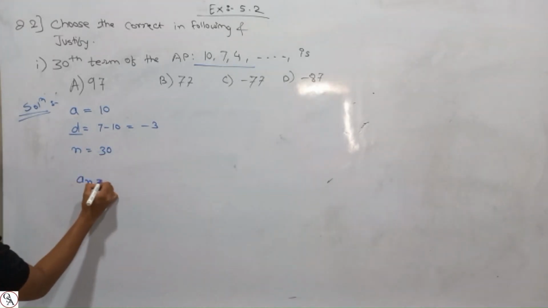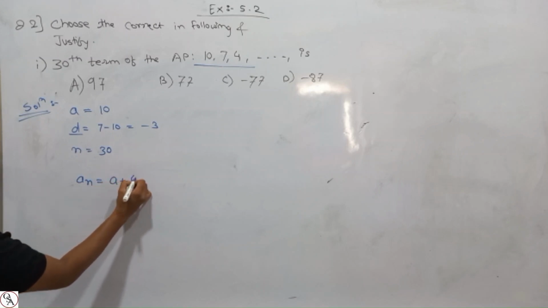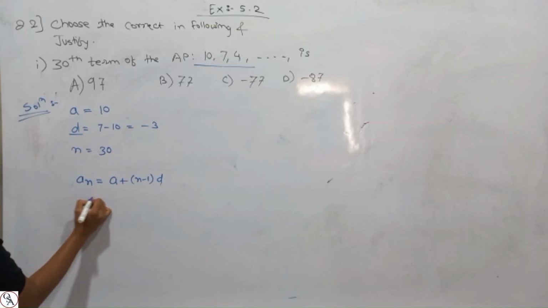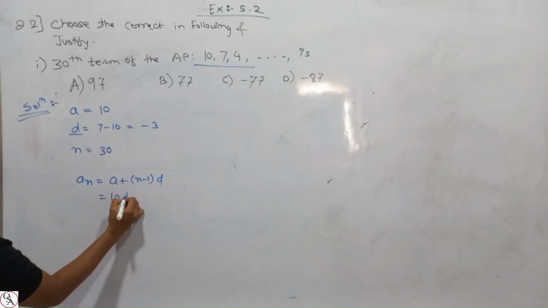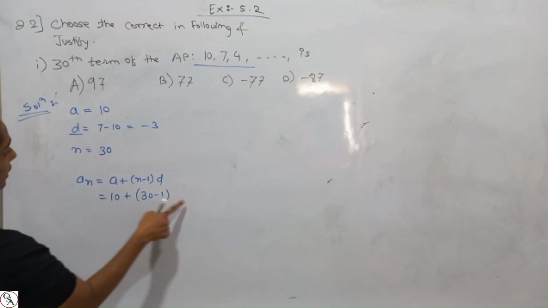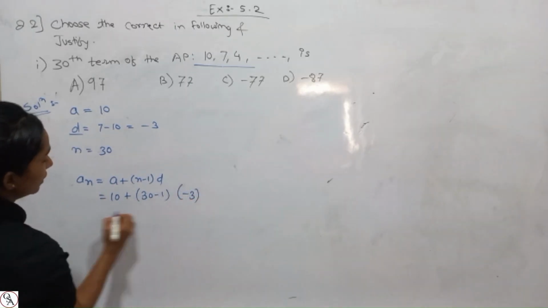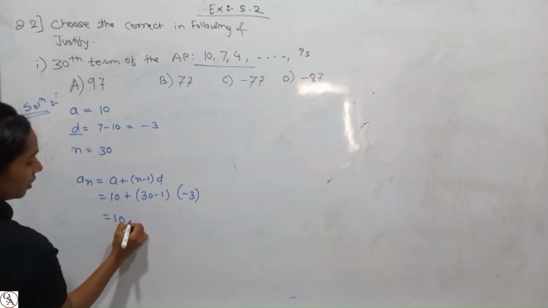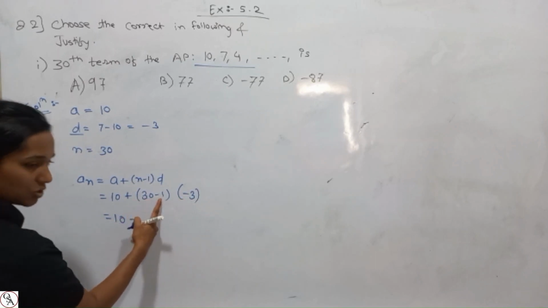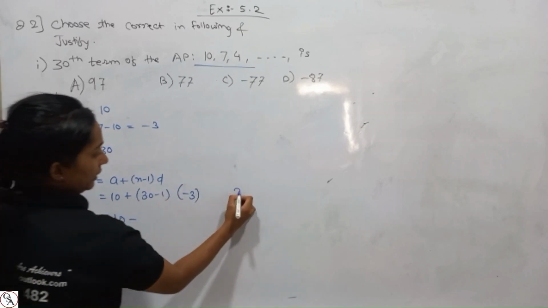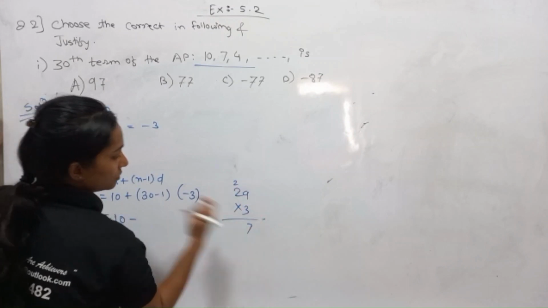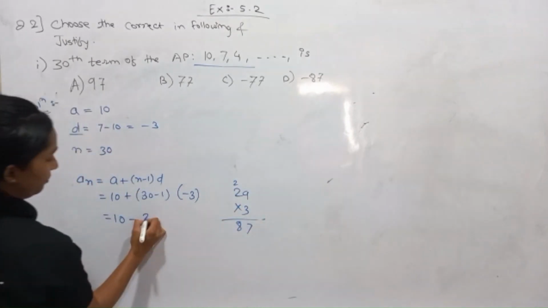a n is equal to a plus n minus 1 d. Okay. So a is nothing but 10 plus 30 minus 1, n is nothing but 30, a is 10, and the distance is nothing but minus 3. So 10 minus, minus into plus is minus. 30 minus 1 is 29, and 29 into 3 is 87.